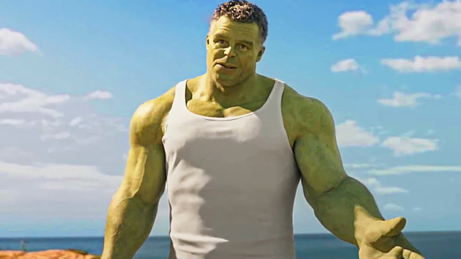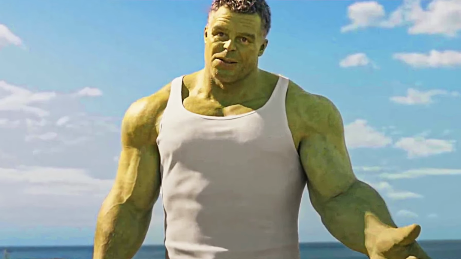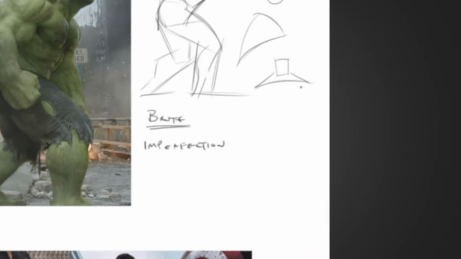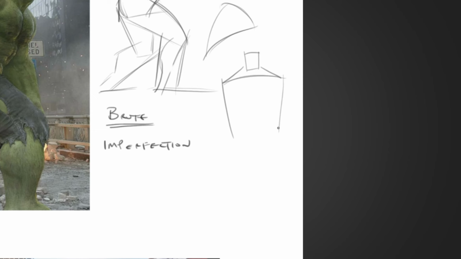Whereas the later iterations of the Hulk in film almost undo this progressively. In the next movie that we see him in, Thor Ragnarok, he basically has the form, language, and behavior of a toddler, where he's walking around and fighting Thor, and then complaining at the end about, me fight monster, baby talk. Then we see his skin get better, his teeth get fixed, his haircut a little more faded.